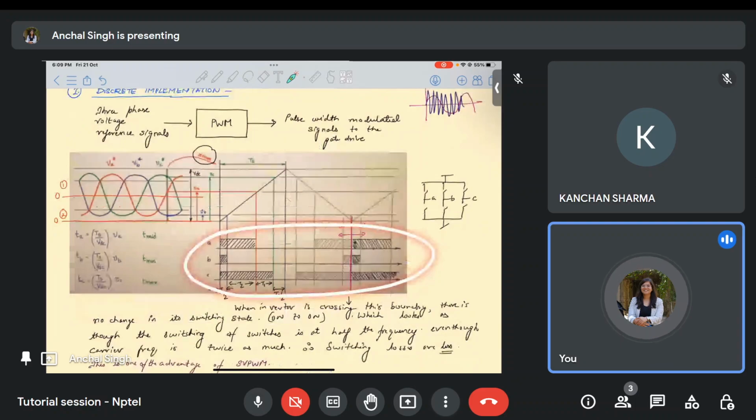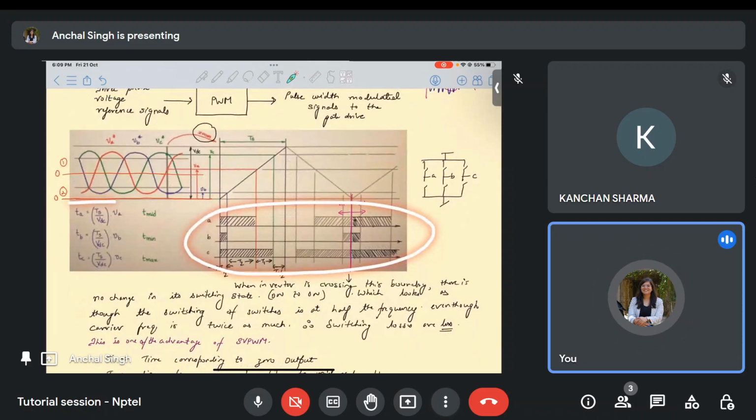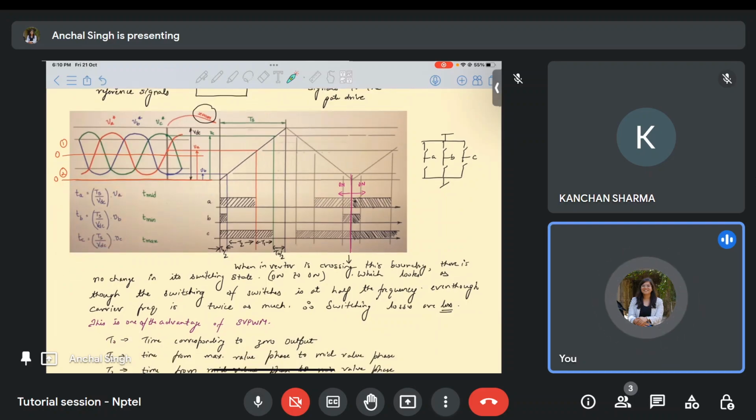Similarly, by applying the triangle law, we can obtain these relations also. This is just a simple slope equation: slope is equal to y by x. Using similar properties of the triangle, you can obtain these equations. Once you have obtained these equations, you will realize that there are three different types of time periods.